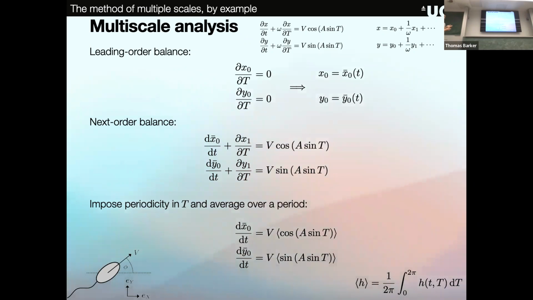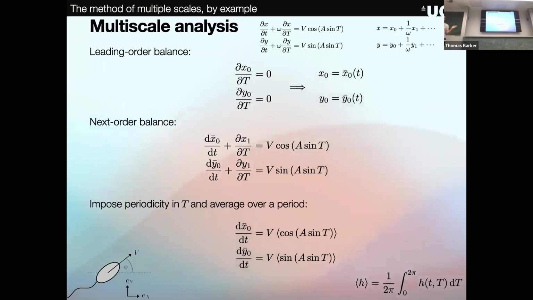Another way of looking at this, which I actually think is a bit more intuitive, is this is just the Fredholm alternative theorem. So this is just the same as the solvability condition for this linear operator on the x1 and the y1. The solvability condition turns out to be this quantity, this average must hold.